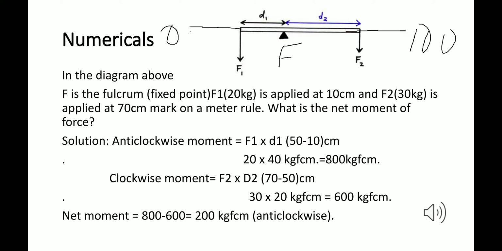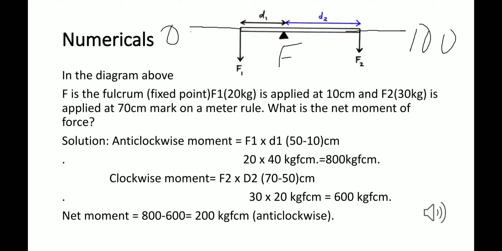So, that will be 20, that is the magnitude of force, and the distance between the fixed point and line of action, it is at 10 centimeter mark, and the fulcrum is at 50 centimeter. So 50 centimeter minus 10 centimeter makes it 40 centimeters. So 20 kgf into 40 centimeters makes it 800 kgf centimeters anti-clockwise.